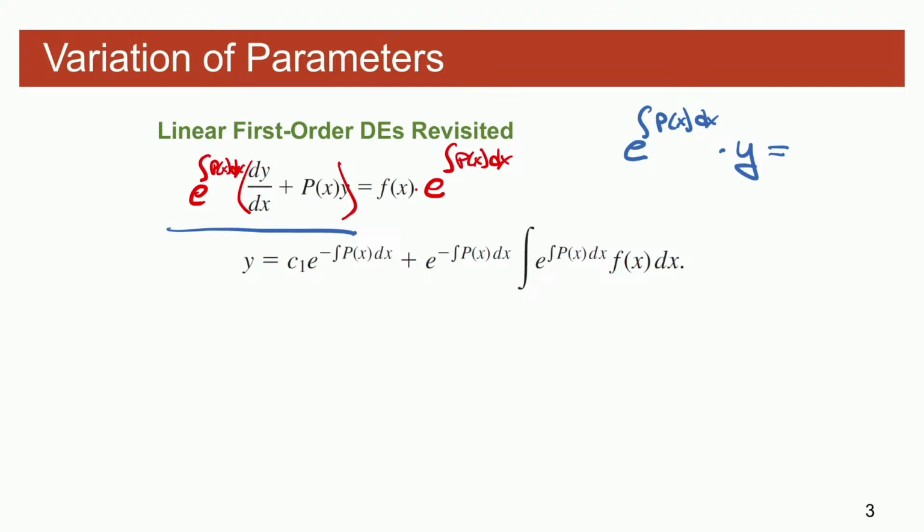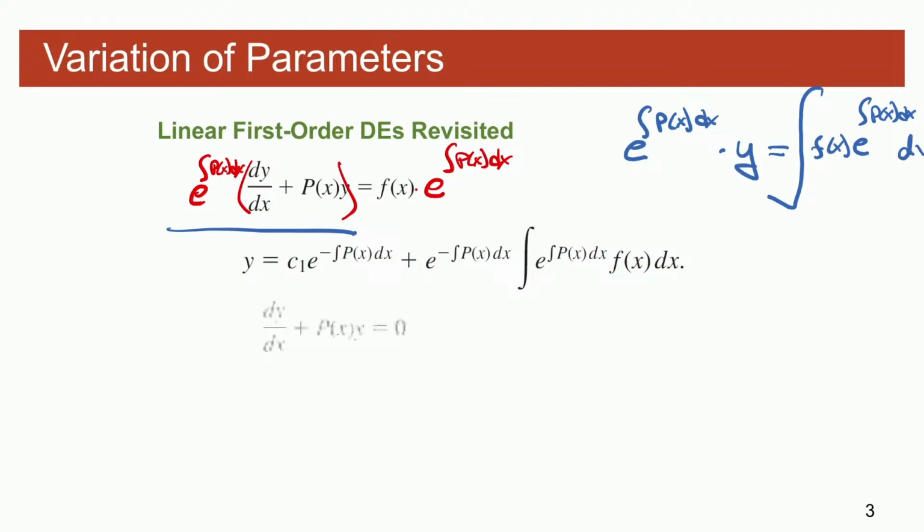On the right side, you're going to have the integral of f of x times e to the integral of p of x dx, whatever that is. This thing was your integrating factor, and that's the way it ends up every single time. Then once you've got this figured out, you end up dividing both sides by this thing to get your y. And that gives you this nightmare.